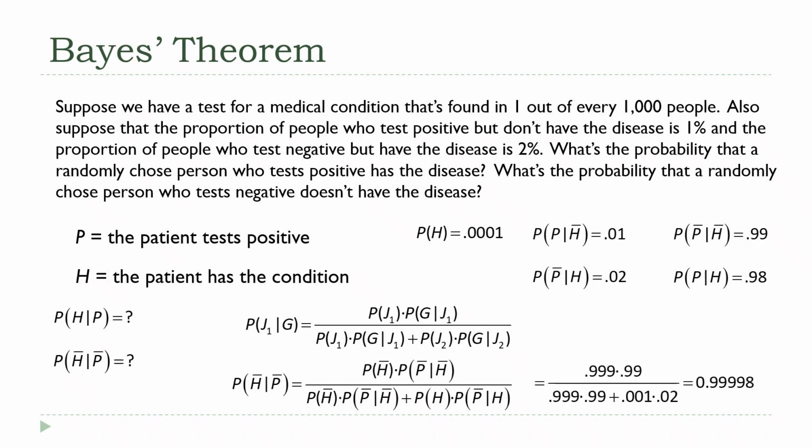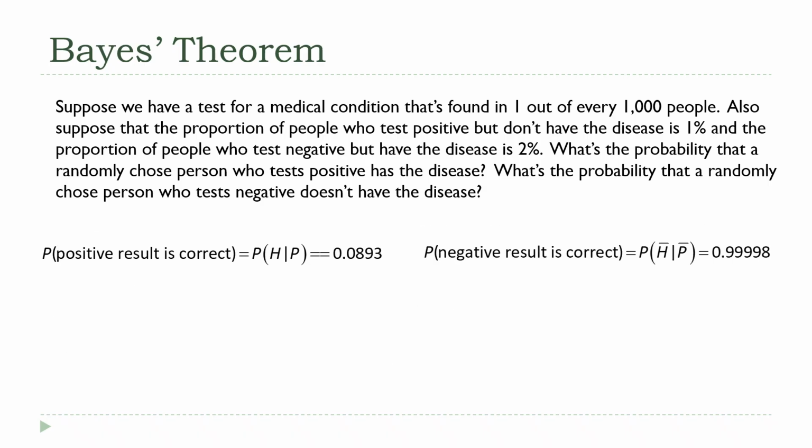I'm going to substitute in my numbers, and I'm going to get this very different result, 0.99998. Right? So again, remember what we were asked for here. This is the probability that a negative test result is correct. Okay, so let's think about some of the implications of this.